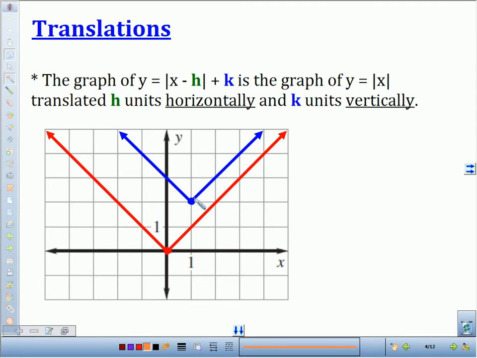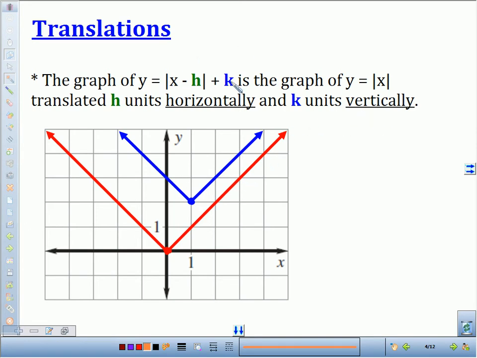So we have not changed the shape of the graph, we've only changed its location. Now, the graph of y equals the absolute value of x minus h, plus k, is the graph of the parent function y equals the absolute value of x, translated h units horizontally and k units vertically.